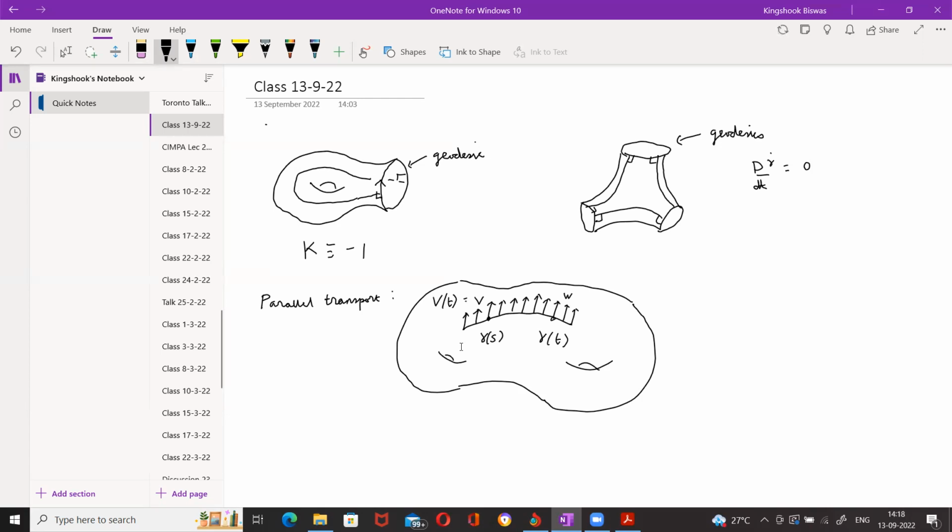The image under parallel transport, w, will be V(t). So this v is V(s), and this w will be V(t). Is this clear? Yes. So this is an isomorphism from the tangent space here to the tangent space here.